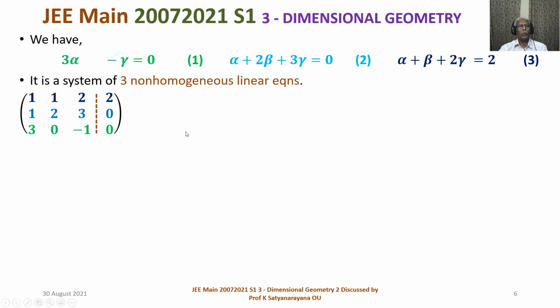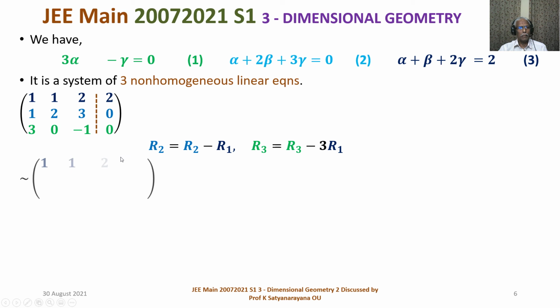To solve this, we have to bring it to the echelon form. So to do that, I'll make this position 0 and this position 0. To make this position 0, from R2 subtract R1, and to make this position 0, from R3 subtract 3 times R1. So R2 is equal to R2 minus R1, R3 is equal to R3 minus 3R1.